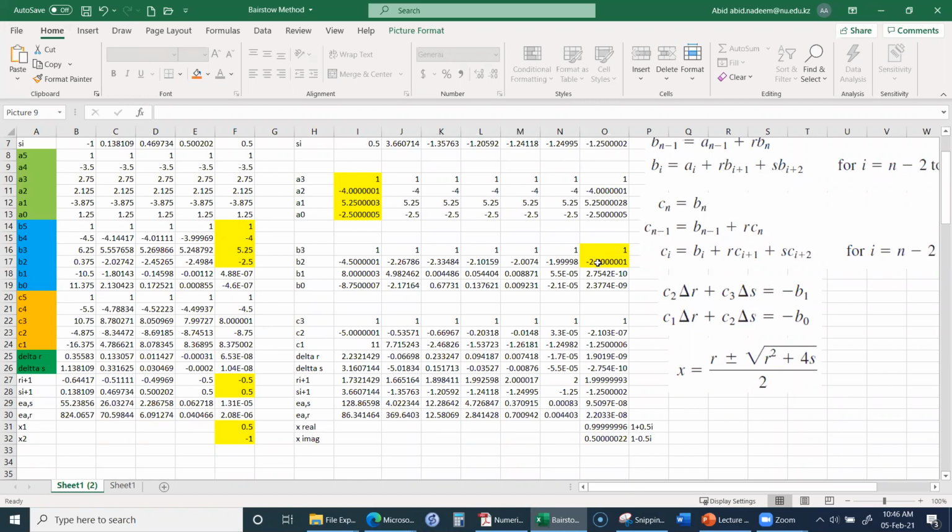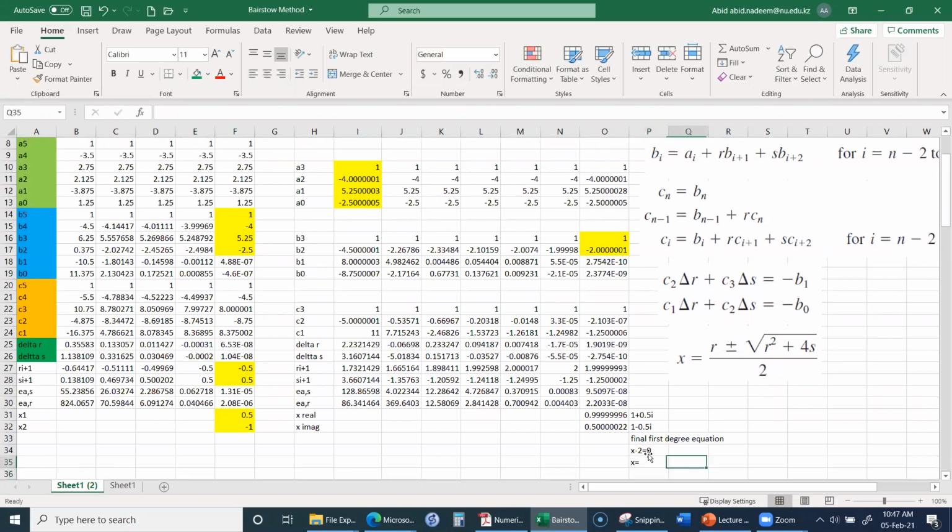And from x minus 2 is equal to 0, we find the fifth root. That means the final first degree equation is x minus 2 is equal to 0, which gives that x is equal to 2.